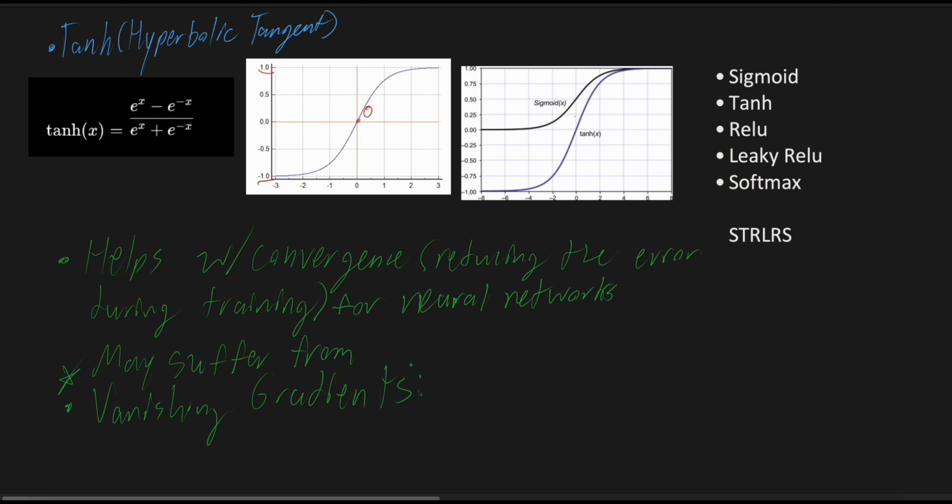Vanishing gradients basically have smaller values as they approach closer to a specific value on the y-axis, and this could lead to slower learning if the gradients are very small, since during the training process weights and biases are constantly updated, hence the term convergence.